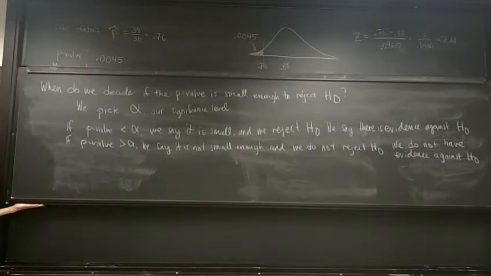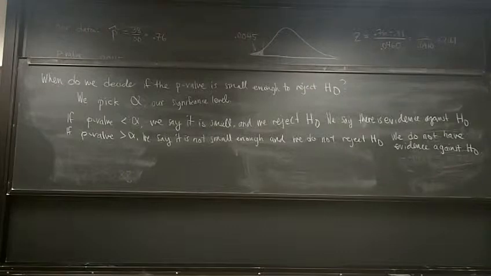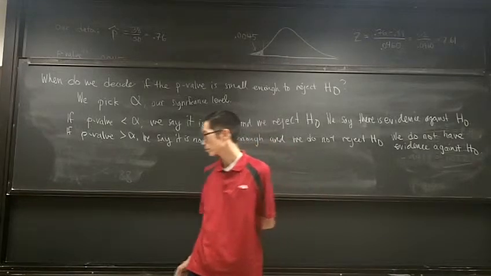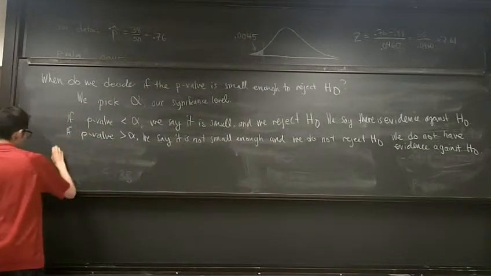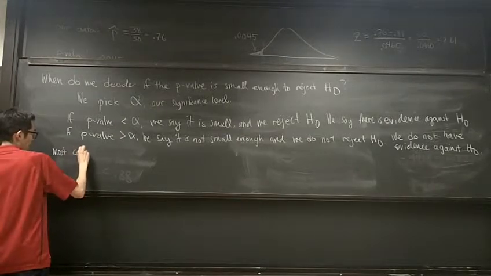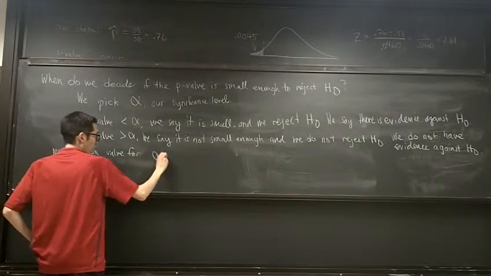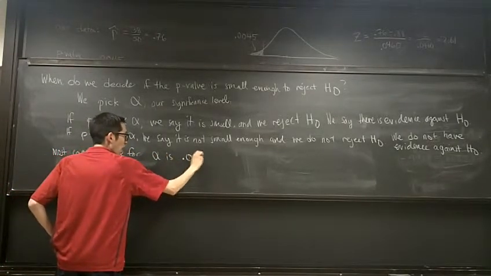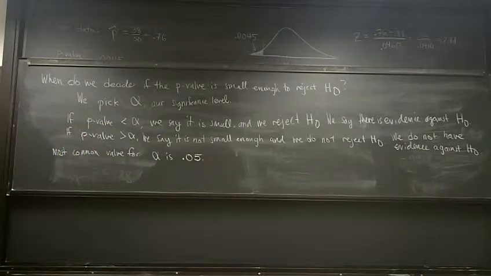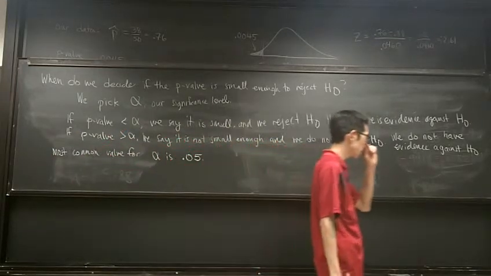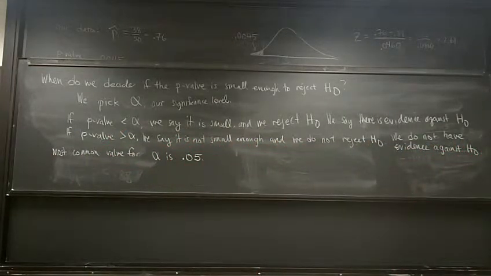So, the most commonly chosen value for alpha is 5%. Okay, 0.05. So if the p-value is less than 0.05, we will say we reject the null hypothesis and that we have evidence against the null. And if the p-value is bigger than 5%, we say we don't.